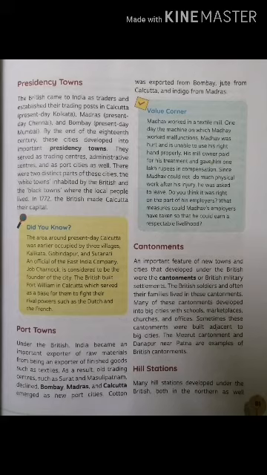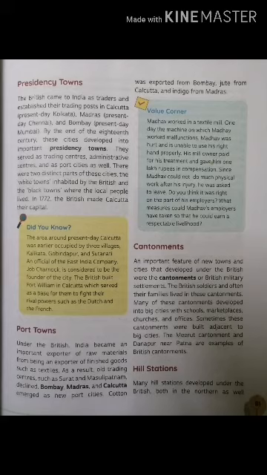As a result, old trading centers such as Surat and Masulipatam declined, and Bombay, Madras, and Calcutta emerged as the new port cities, because they were the most important trading centers set up by the Britishers. Cotton was exported from Bombay, jute from Calcutta, and indigo from Madras, and these three were the cash crops which helped them get a good amount of profit.